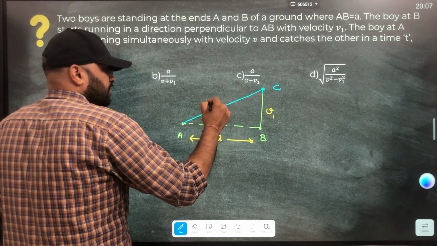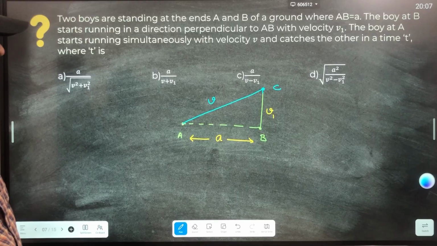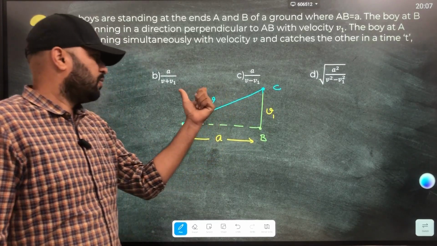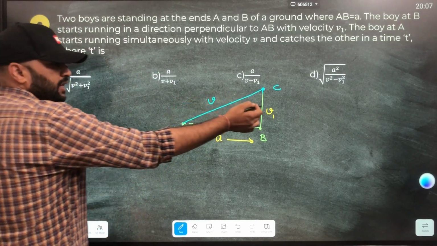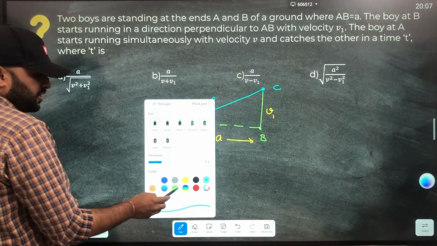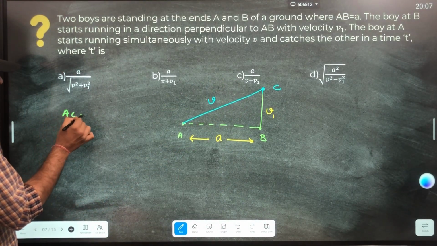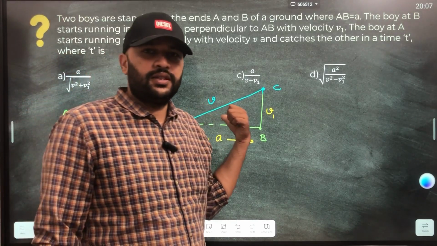A is going with what speed? V, and B is moving with what speed? V1, correct? So this becomes a triangle. Let's figure out what is the value of AC. Both of them reach at the same time. AC will be equal to velocity into time t. Velocity into time is distance, right?